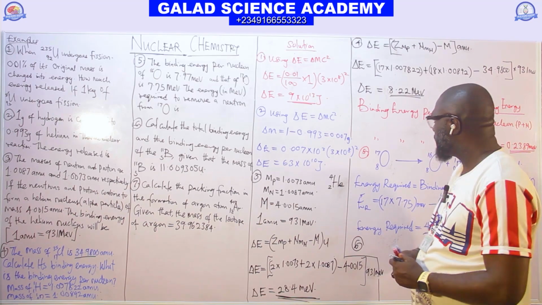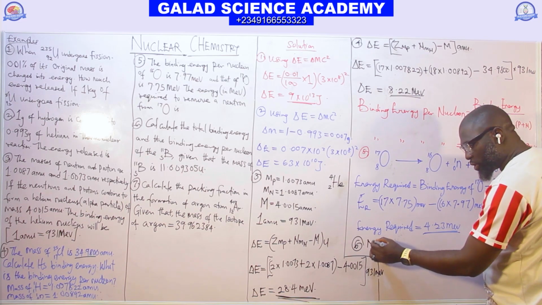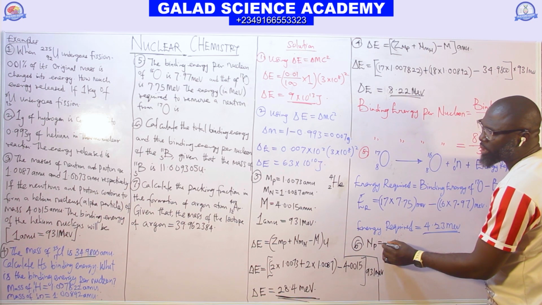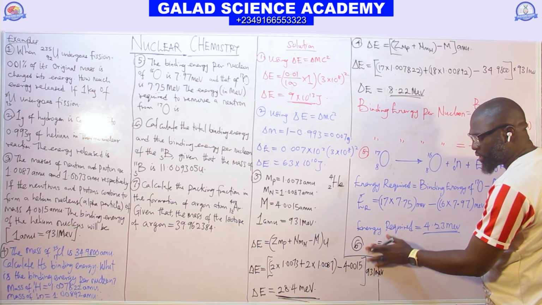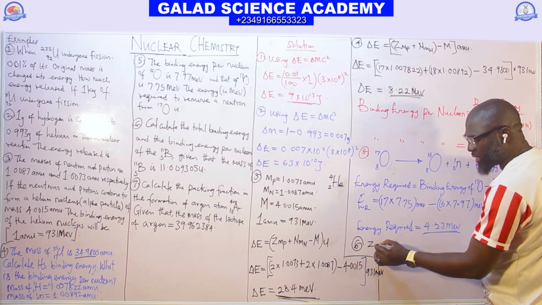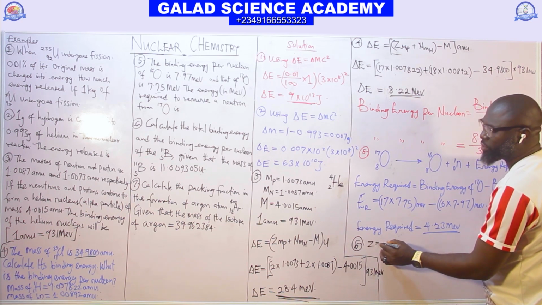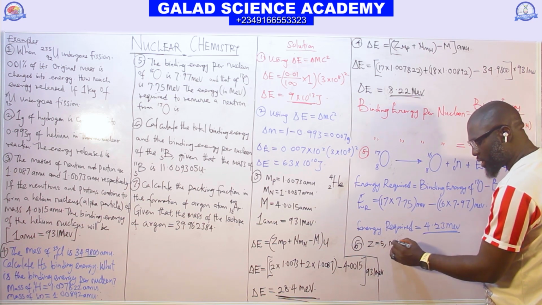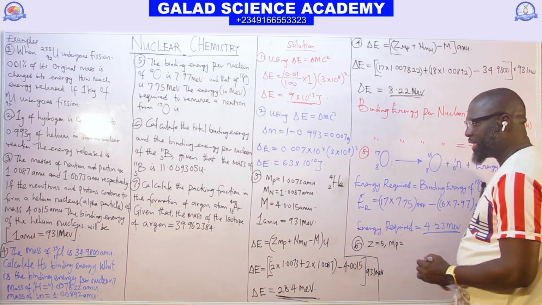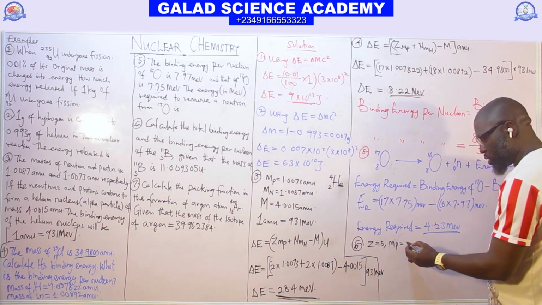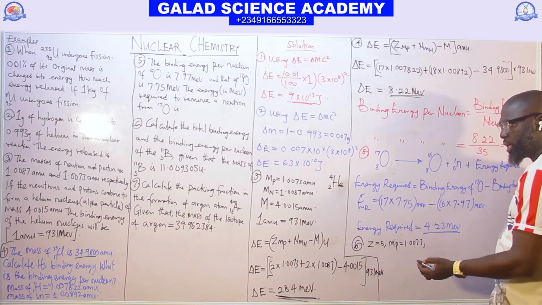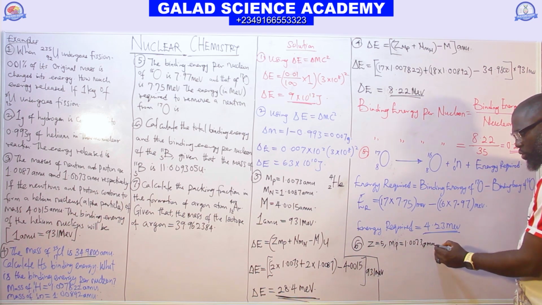First of all, find the number of protons, which we call Z, which is 5. The mass of a proton is the same thing with this one, 1.0073 in AMU.